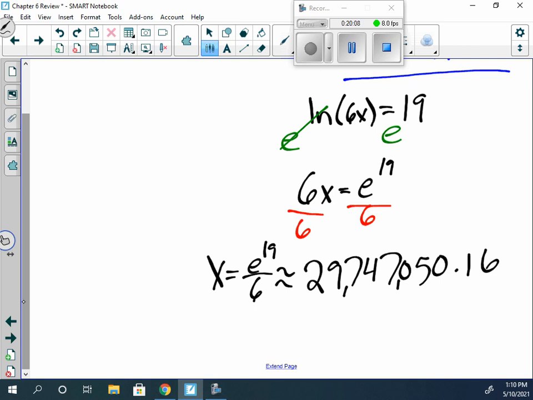I always put the commas back in. It helps me see where the places are. Because when I read it out, I put the commas in and then count over. Thousands, millions, okay, 29,747,050 and 16 hundredths. And that would be our answer.